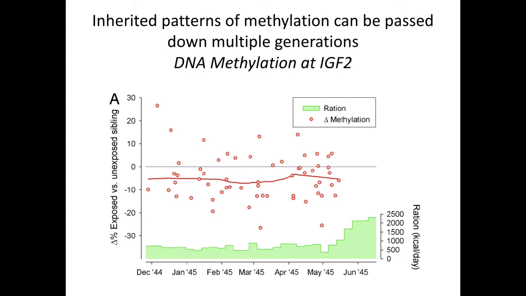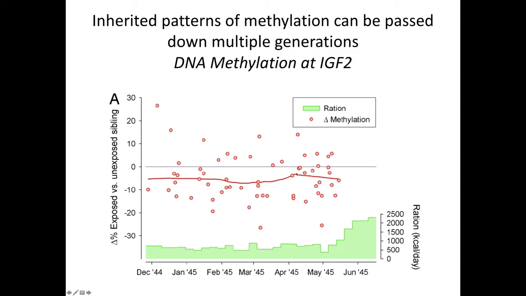And it's relative to siblings that were born and conceived outside of this time period. If you move along here, these are individual comparisons. So individual one born during this time period compared to a sibling born outside of it, and one can see that as these individual comparisons are generated, the amount of methylation in the DNA is actually reduced.